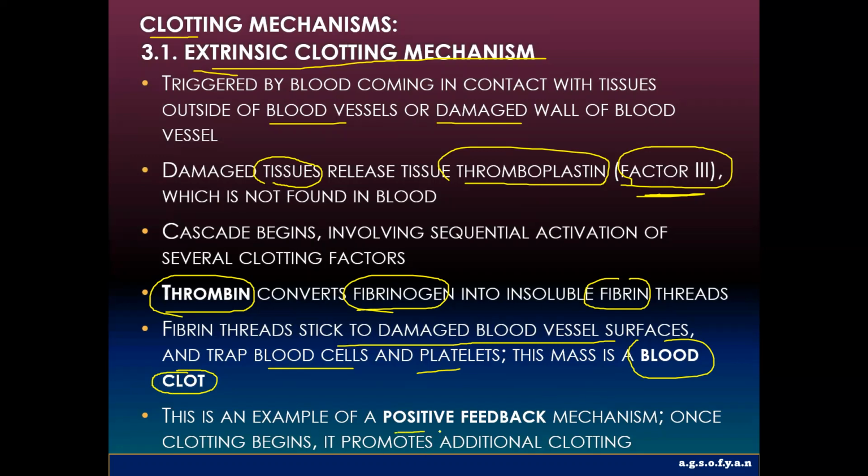And this is an example of a positive feedback mechanism, because whenever the blood clot is increasing, there will be more platelets coming to this area. So this is a response that actually increases or adds to the stimulus, going in the same direction.